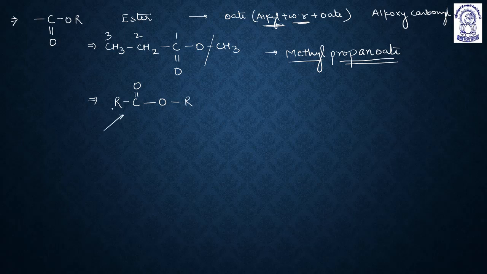The part which is attached to the carboxylic carbon goes to alkanoate, and the part which is attached to the oxygen only gives the alkyl. Understood? This is alkyl alkanoate. Acid anhydride I have given earlier.